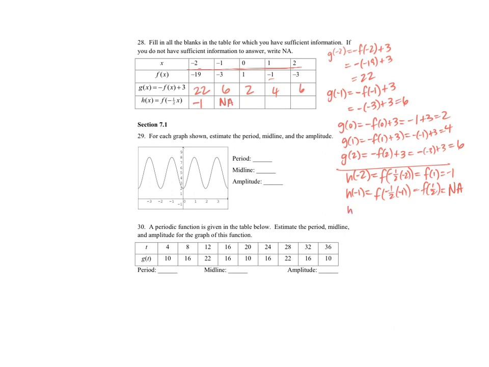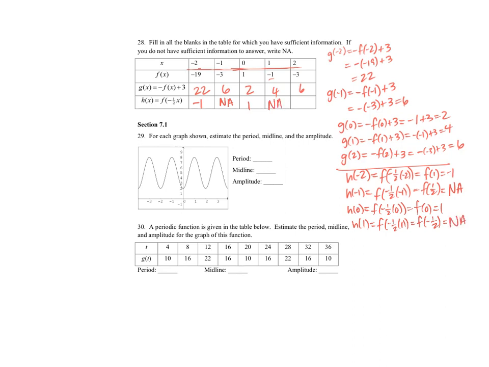And then h of 0 is f of negative 1/2 times 0, which is f of 0, which is 1. And then h of 1 is f of negative 1/2 times 1, which is f of negative 1/2, which is not one of my inputs that I have there for x, so this is NA.